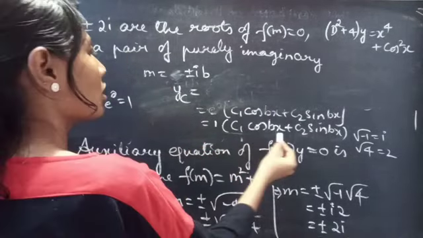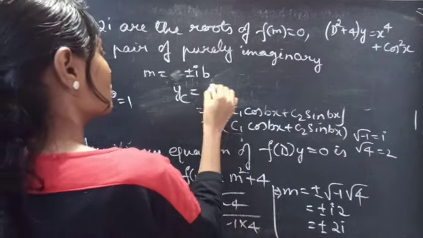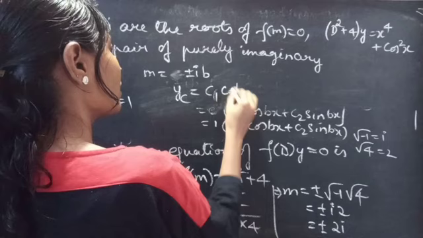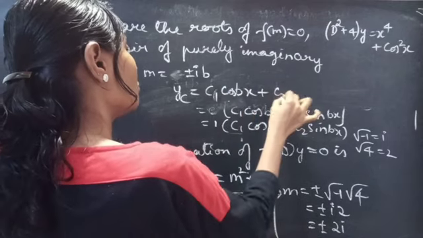Finally, our yc will be c1 cos bx plus c2 sin bx.